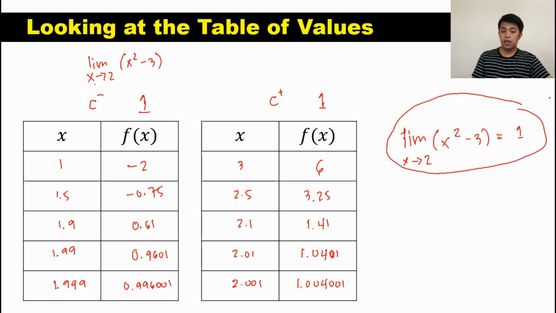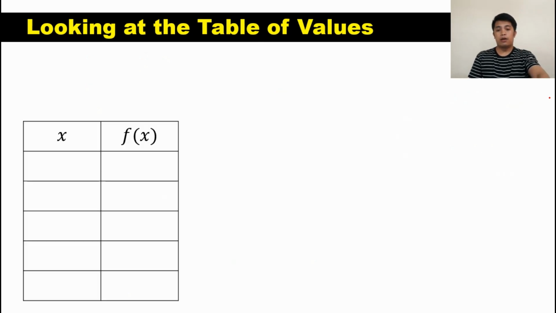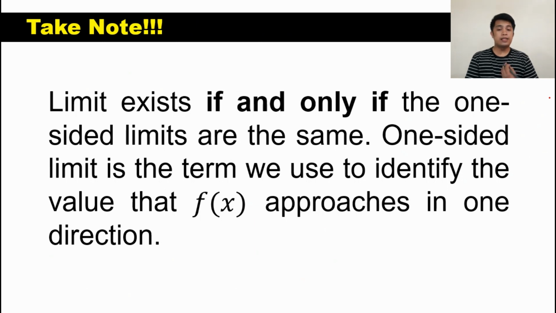This is our limit. Always remember that limit exists if and only if the one-sided limits are the same. One-sided limit is a term we use to identify the value that f of x approaches in one direction. So, katong ganina, C negative ug C positive.